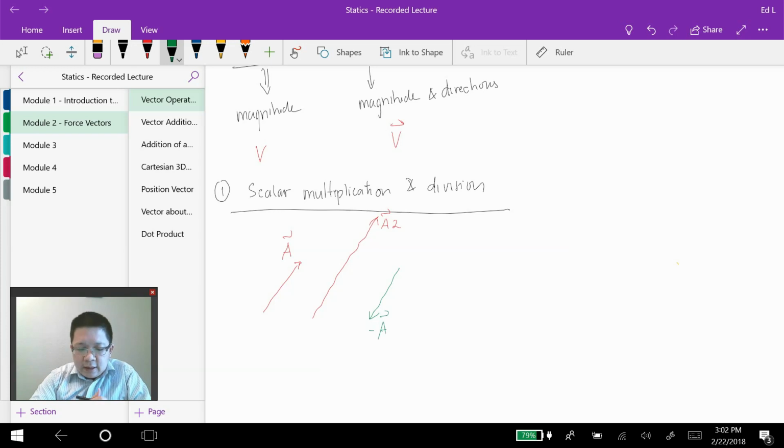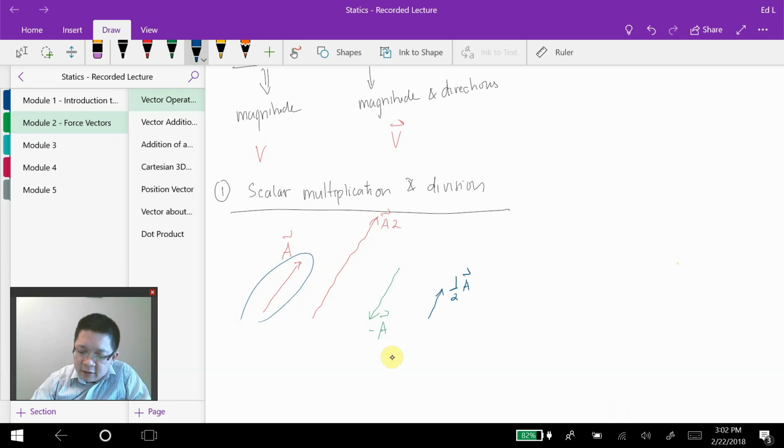In a similar manner we can calculate factor division by a scalar. For example, if I choose my scalar to be 1/2, the original length is a, and now it will be shortened. If we multiply by 1/2, it will be shortened by half.